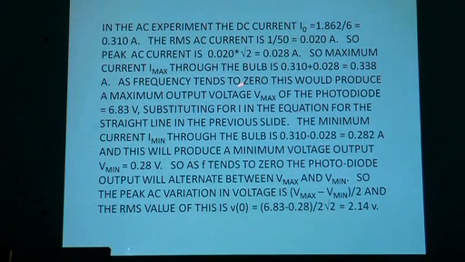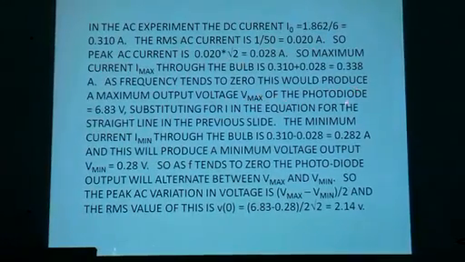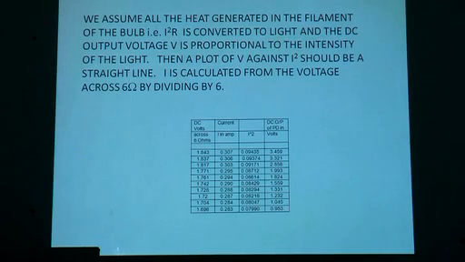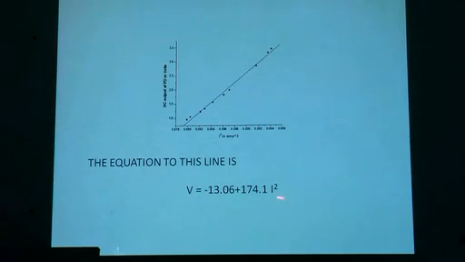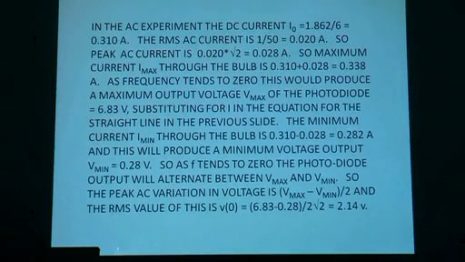As the frequency tends to 0, this would produce a maximum output voltage, V maximum, calculated from this equation by substituting I maximum here. And that voltage is 6.83 volts.